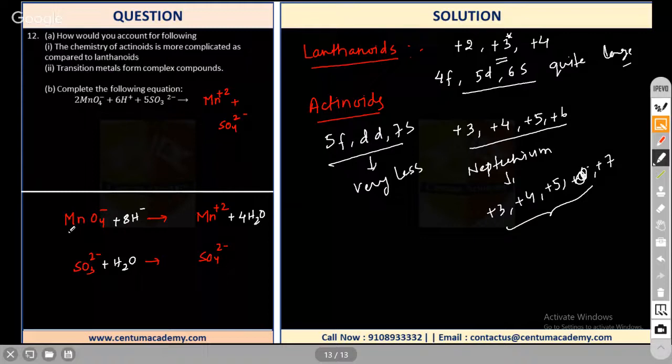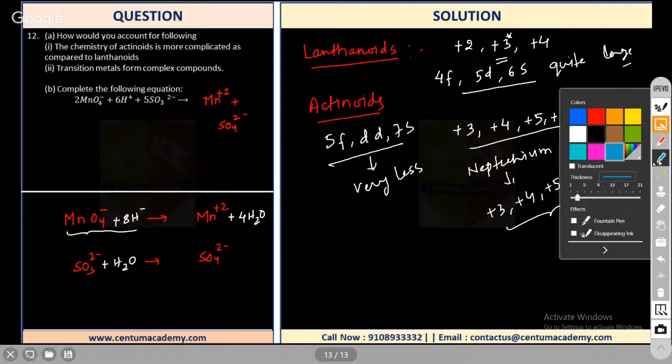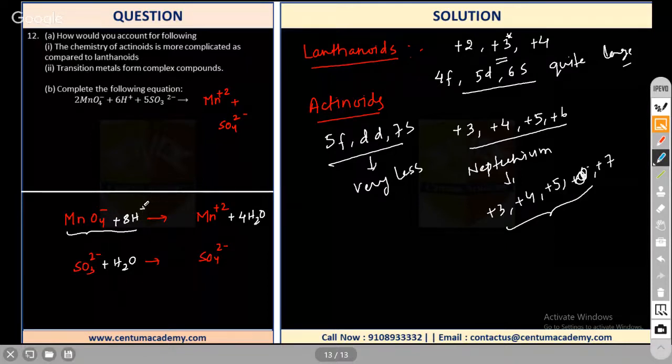Now what is the total charge here? It is 8H plus, so the total charge is 7 positive on this side. On the other side it is plus 2. Plus 7 to plus 2 you have to go, so for that you have to add 5 electrons. Here it is minus 2 and here it is minus 2.